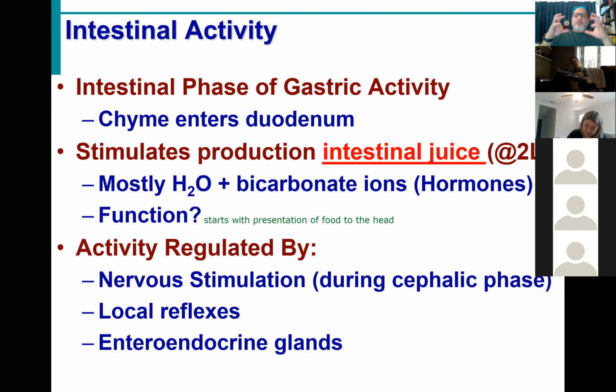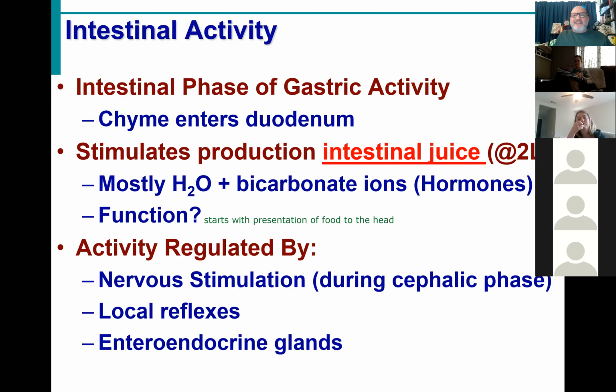It is basically processing chyme. But seeing food, smelling food, tasting food, food hitting our stomach, all of those things tell the small intestine, hey, more food is on the way. You need to be finished processing what you've already got inside of you and make room for more.